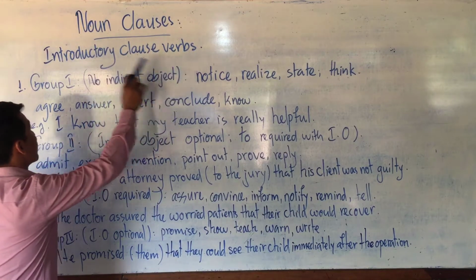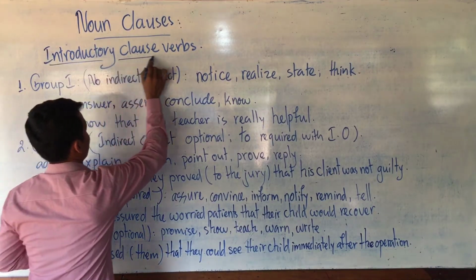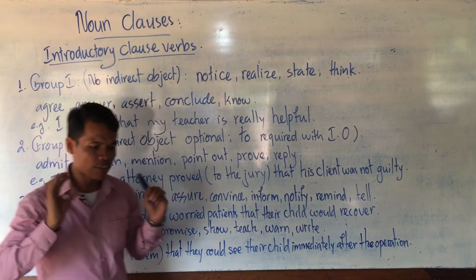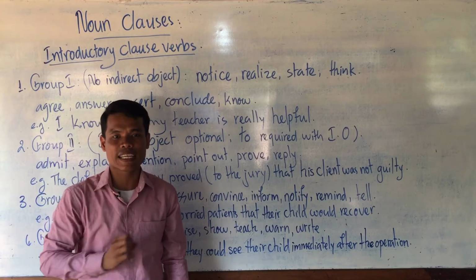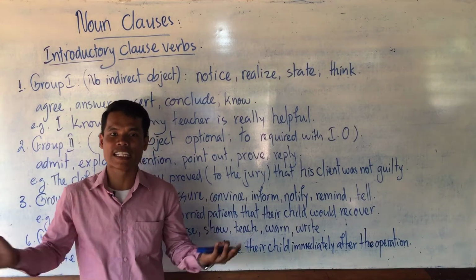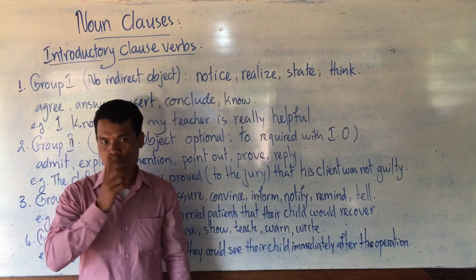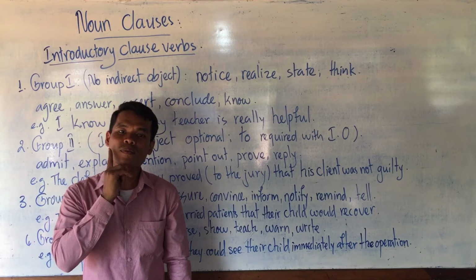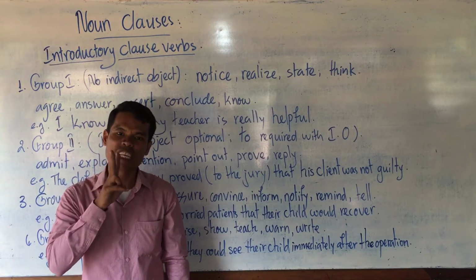Noun clauses, introductory clause verbs. You know why introductory clause verbs are taught today? You realize that we have two types of verb, one monotransitive verb and the other is ditransitive verb. Monotransitive verb needs only one object, but ditransitive verb needs two objects.